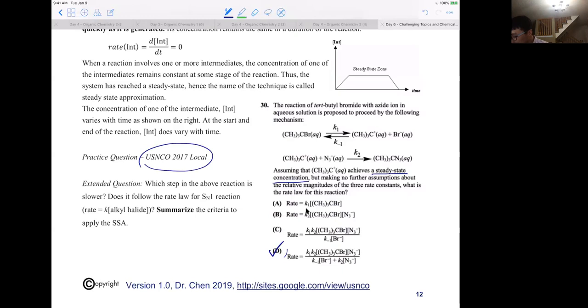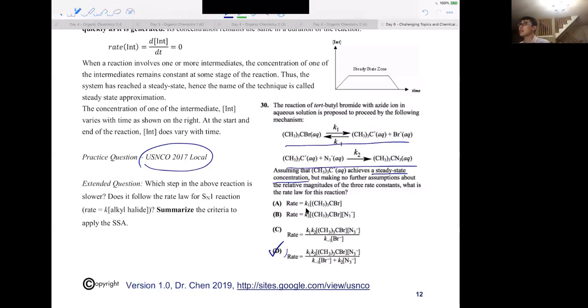And then I have some further extended questions. Can you tell me what is the overall reaction here based on our accumulation in organic chemistry? Did you realize this is the SN1, the unimolecular nucleophilic substitution, right?